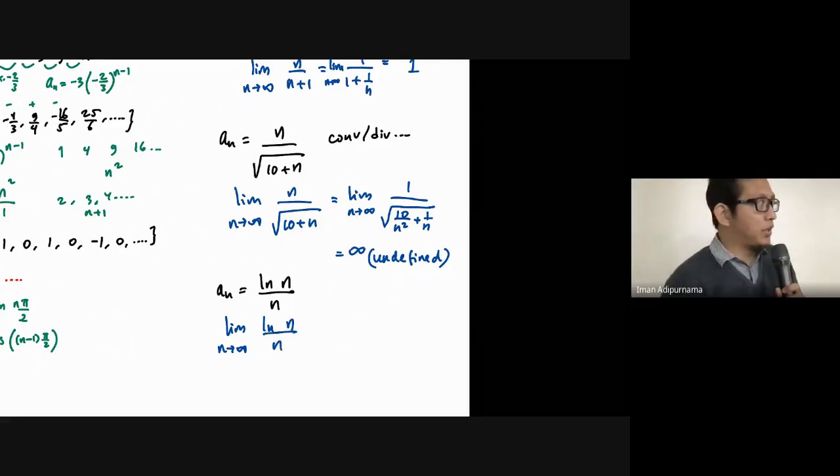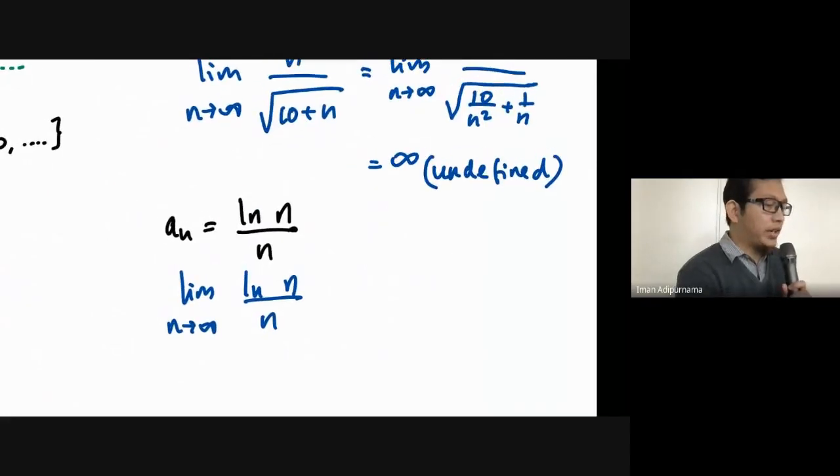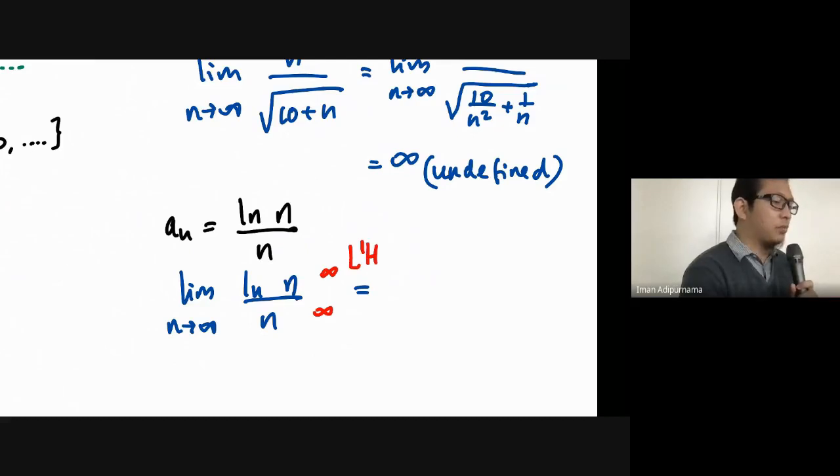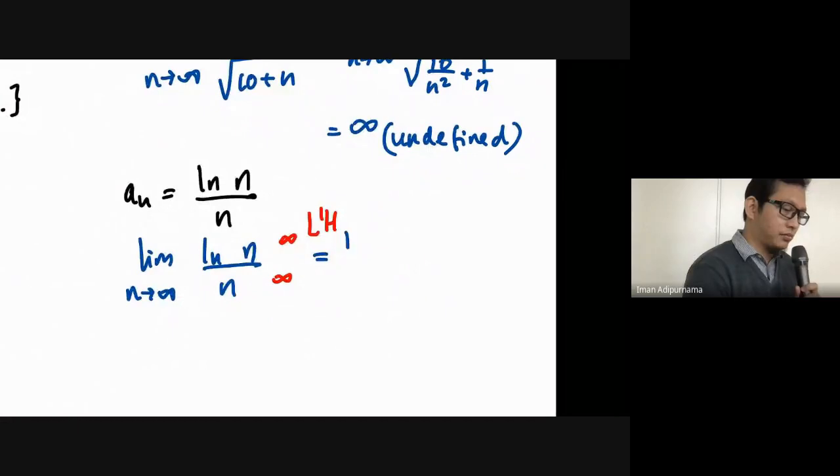And remember, when you have a limit where your numerator and denominator are 0 over 0 or infinite over infinite, like this one, we can also use L'Hopital's rule.